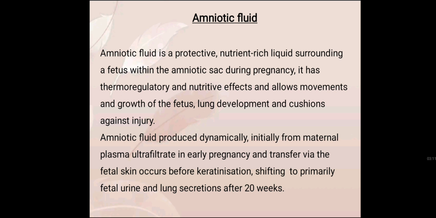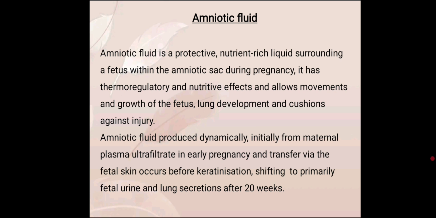Amniotic fluid is the liquid surrounding the fetus within the amniotic sac during pregnancy. It has thermoregulatory, nutritive, and protective functions, and allows fetal movement and lung development. It is produced dynamically throughout the pregnancy, initially from maternal plasma ultrafiltrate and transferred via fetal skin before keratinization in the first half of pregnancy.